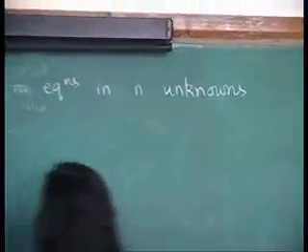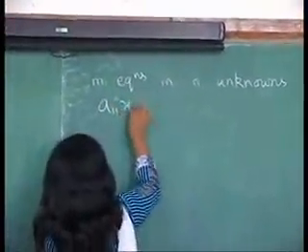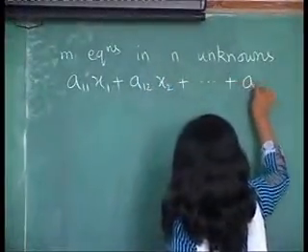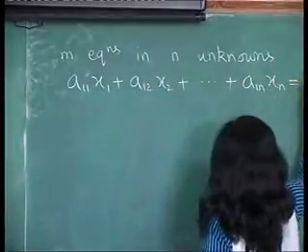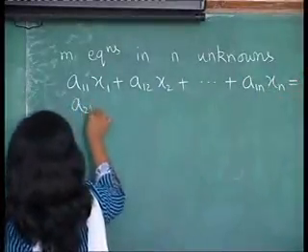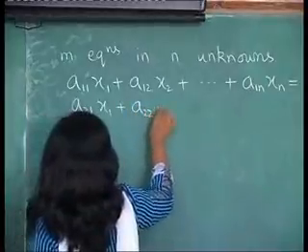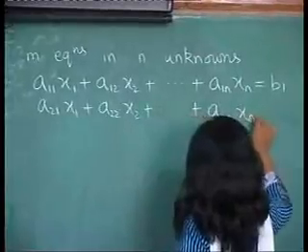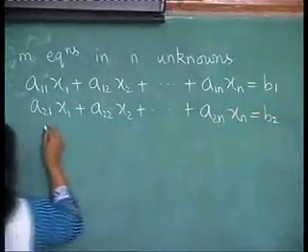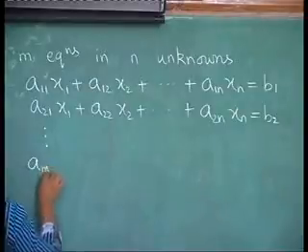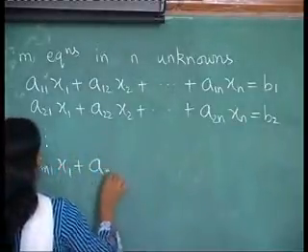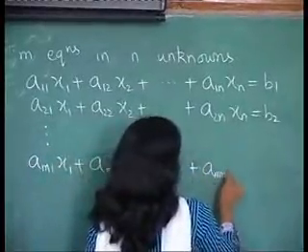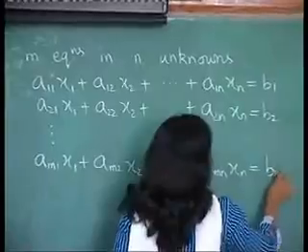So, our system would look like a11 x1 plus a12 x2 plus ... plus a1n xn equal to b1, a21 x1 plus a22 x2 plus ... plus a2n xn equal to b2, and so on, up to am1 x1 plus am2 x2 plus ... plus amn xn equal to bm.